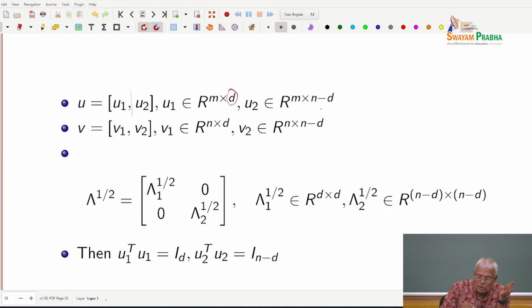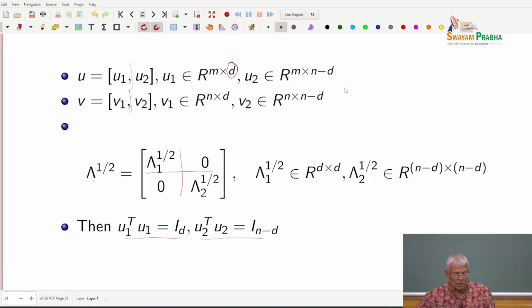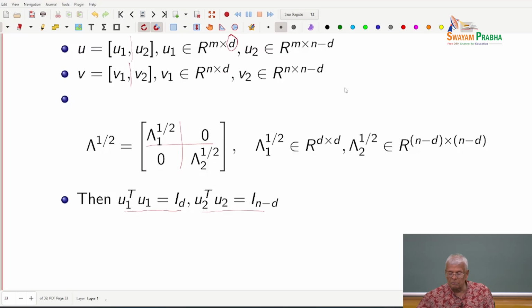So U is U1, U2, V is V1, V2, lambda is lambda 1 to the power half, lambda 2 to the power half. U1 transpose U1, U2 transpose U2. These are all the properties of matrices that come from the partitioning.